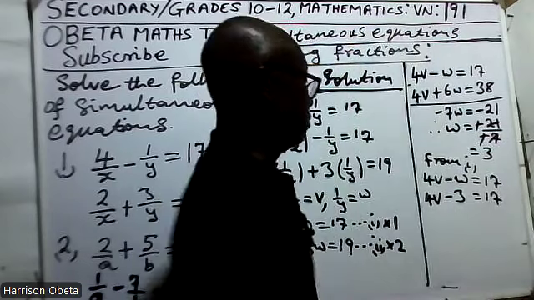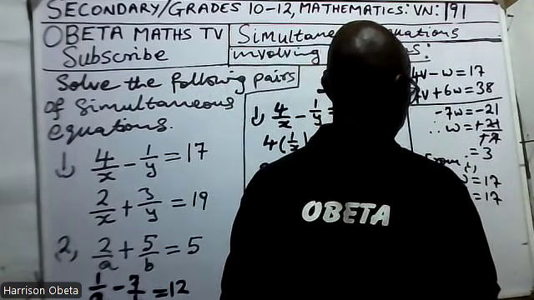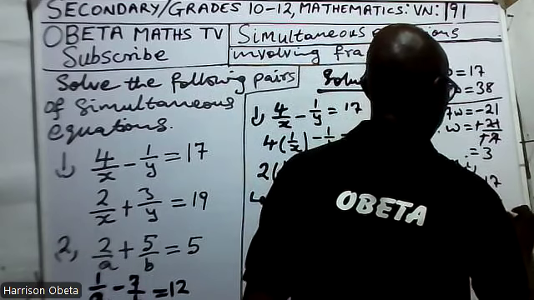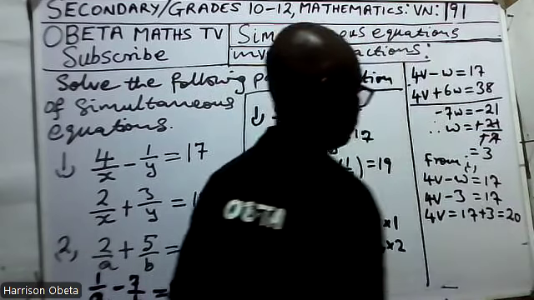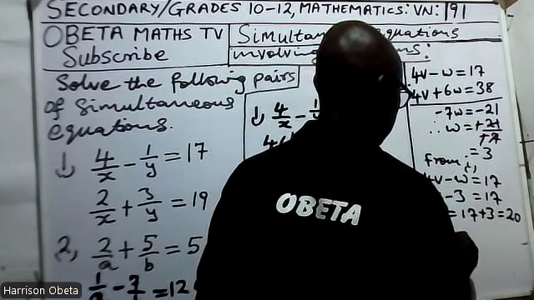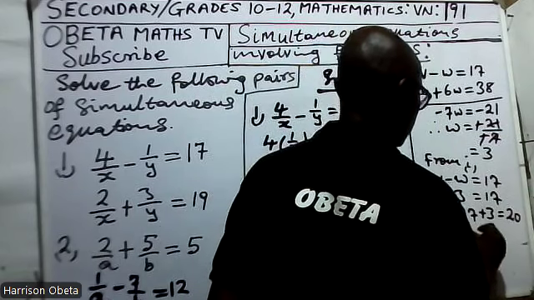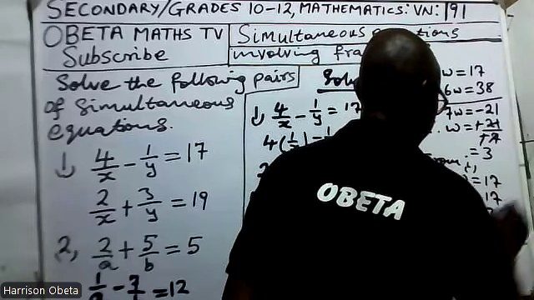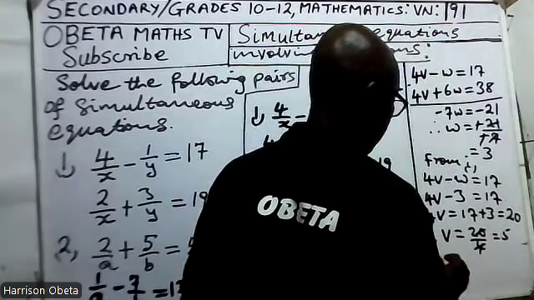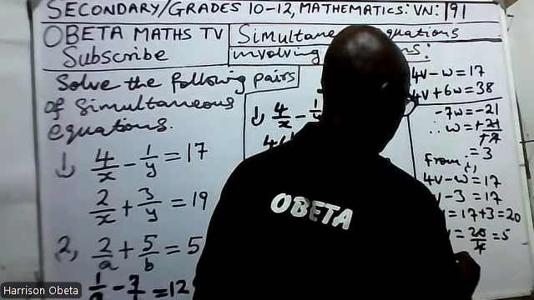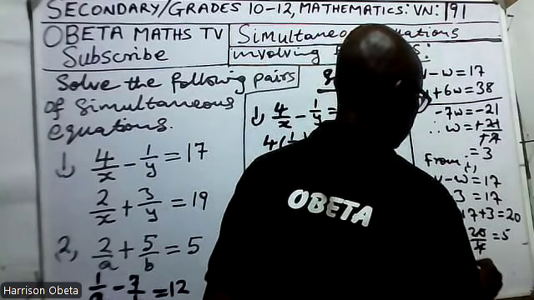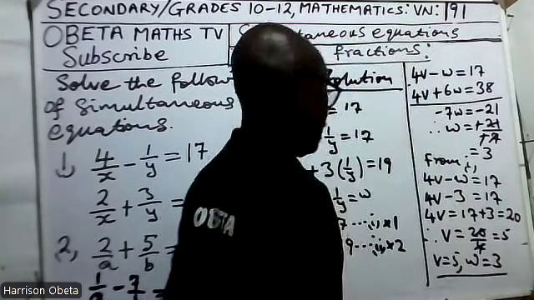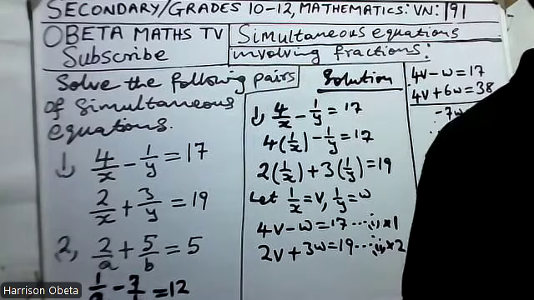We collect like terms, and that is 4v equal to 17 plus 3, which is 20. Therefore, v is equal to 20 over 4, and that is 5. So we now have v equal to 5, w equal to 3, and these are the answers to the questions.